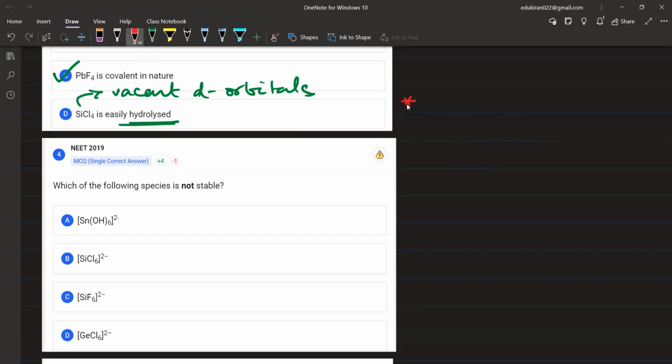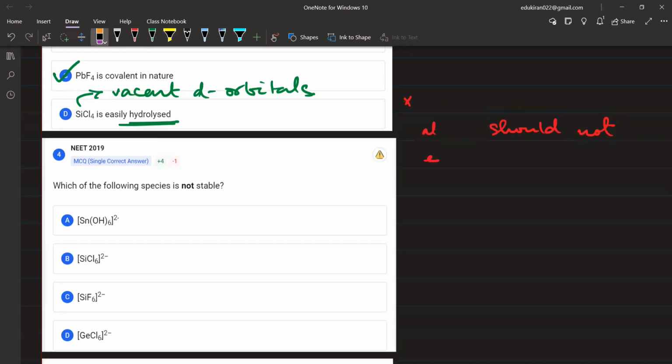ठीक है, important thing is that size of central atom should not be smaller.